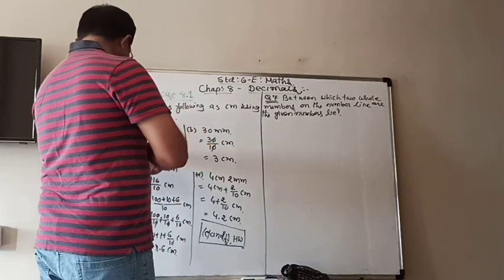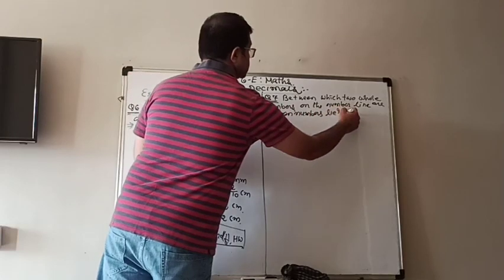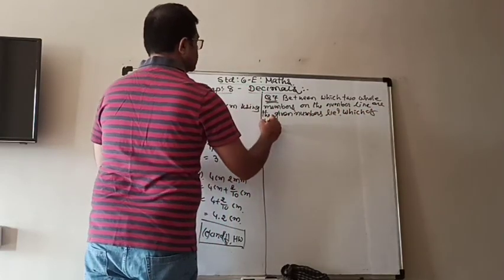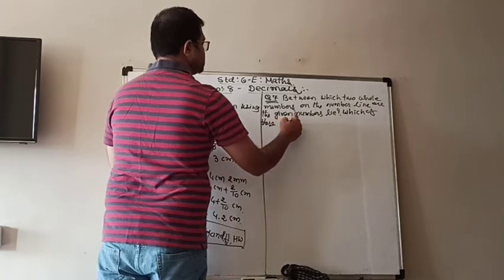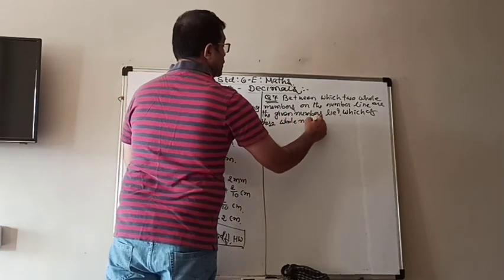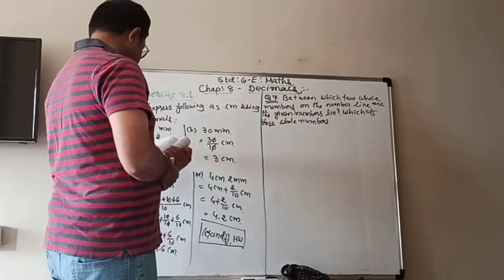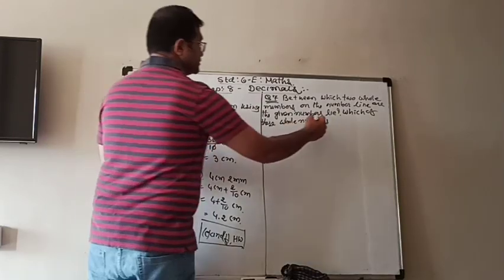Which of these whole numbers is nearer the number?